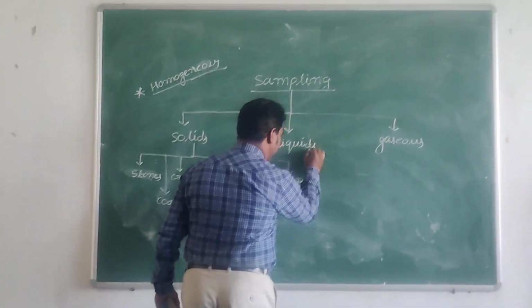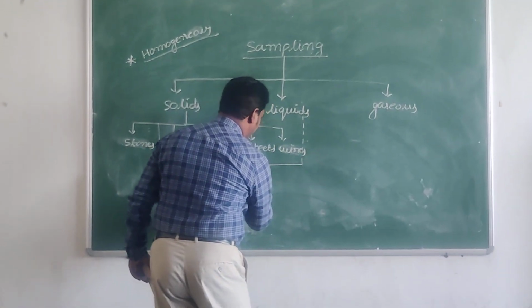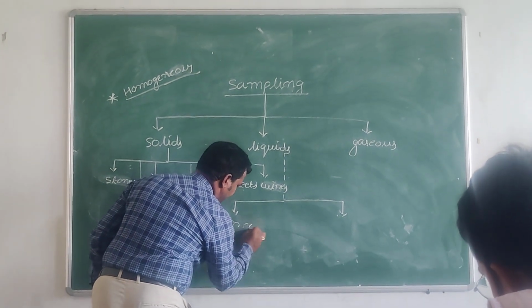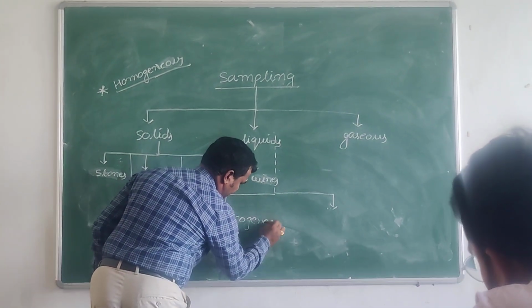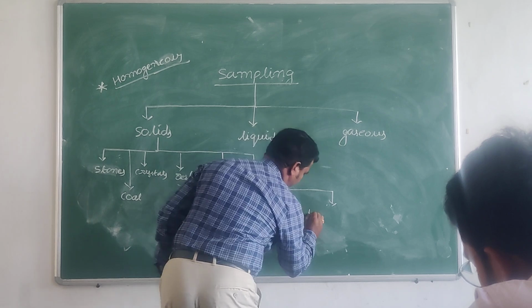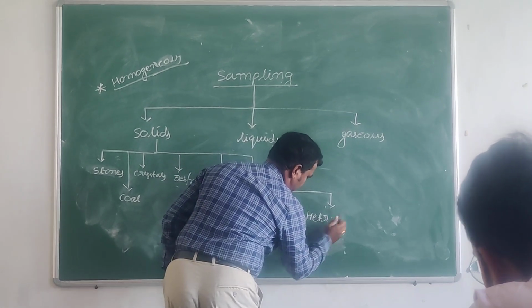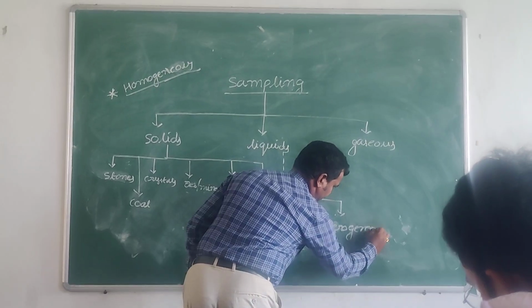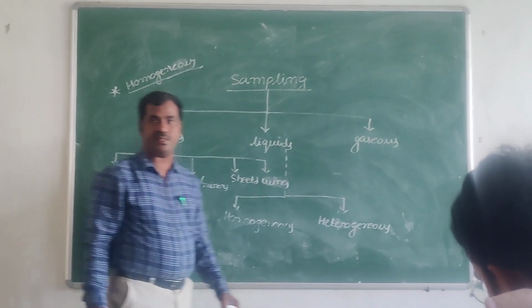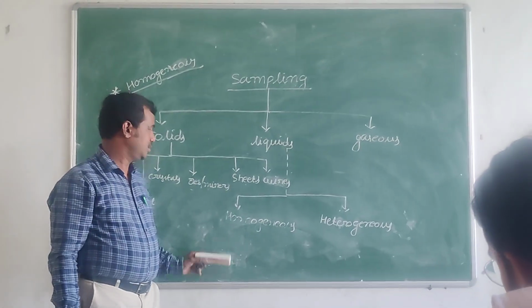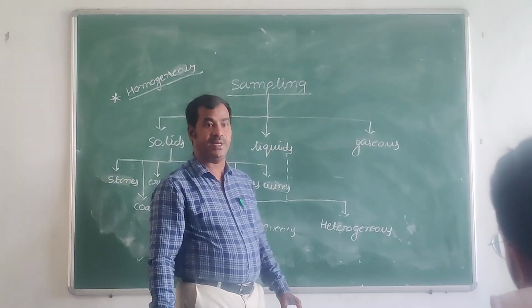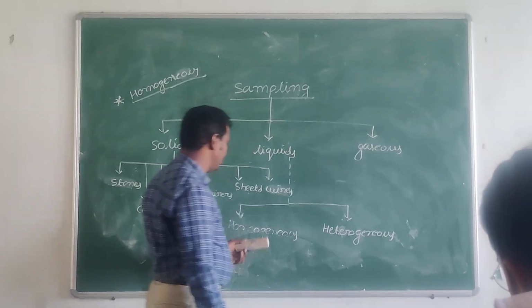For liquids, there are two types: homogeneous liquids and heterogeneous liquids. Two different natures of liquid sample, homogeneous and heterogeneous. What is homogeneous?